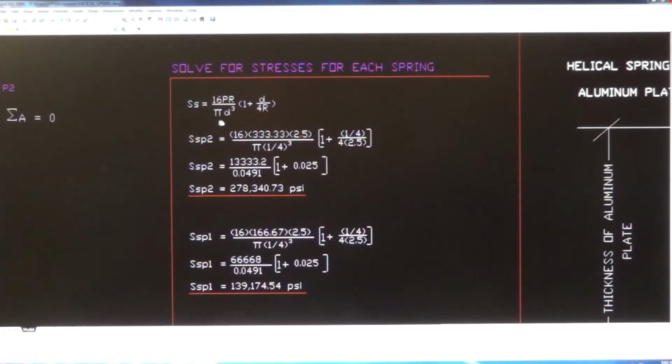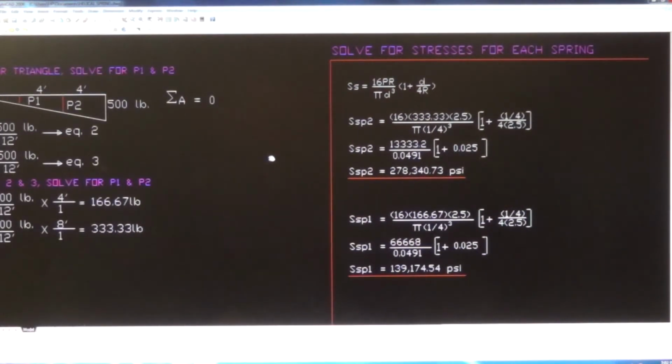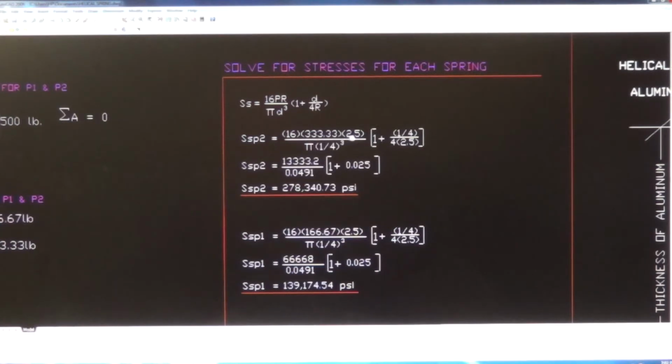Using the formula that we discussed earlier, S sub S for P2, that is spring number 2, substitute the value there, which is 333.33 times 2.5, this is the radius, divided by pi times the diameter of the coil wire to the power of 3, multiplied by 1 plus the diameter of the coil wire over 4 times the radius of 2.5 inches.